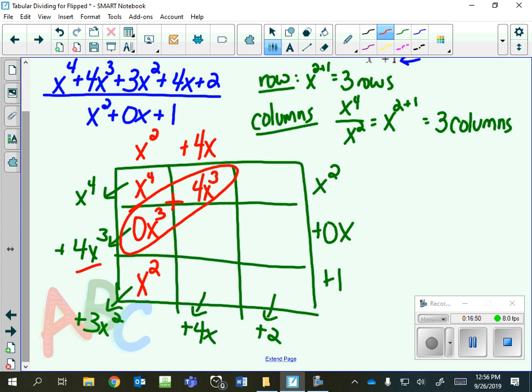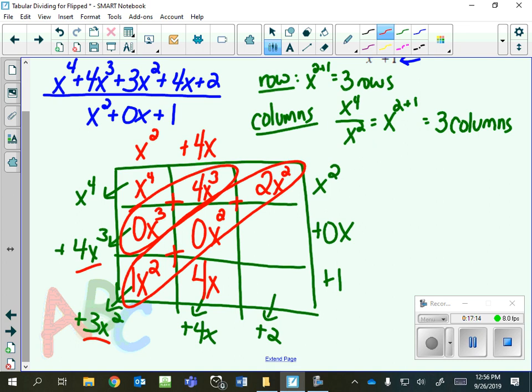Now I'm going to multiply. 4x times 0x is 0, specifically a 0x squared. 4x times 1 is 4x. This column, all 3 of them have to add to give me a 3x squared. Right now I have a 1x squared and a 0x squared, so this is going to be a 2x squared.